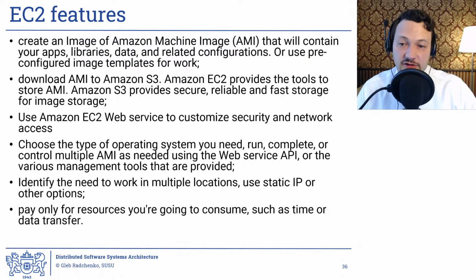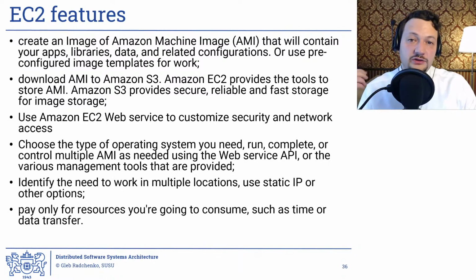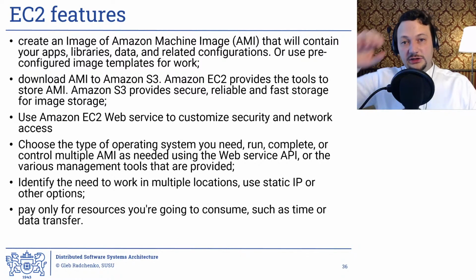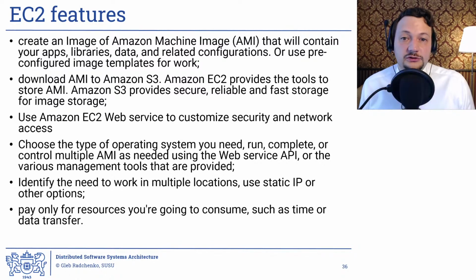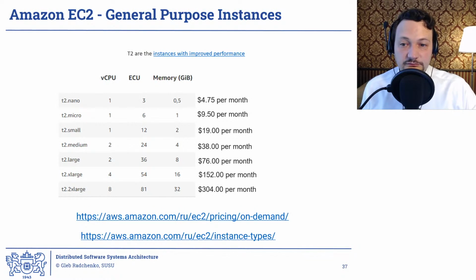You can choose a type of operating system and identify the need to work in multiple locations. For example, if you would like your applications to be accessible in North America, South America and Japan, then you can redistribute your virtual machines between these instances.